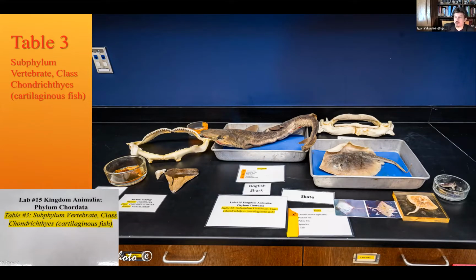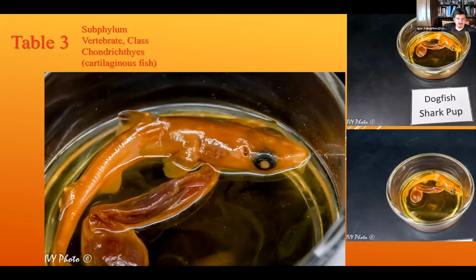That's why it's called Chondrichthyes, cartilage fish. So be careful with that. That one is the ray jaw. Again, you're looking at that, touching it, it looks like a bone, feels like a bone. It is a cartilage.